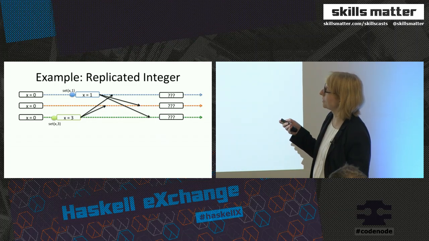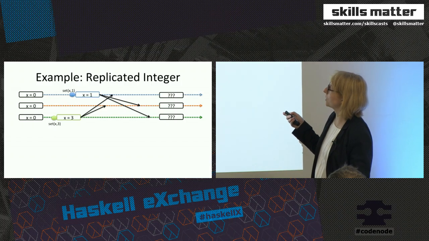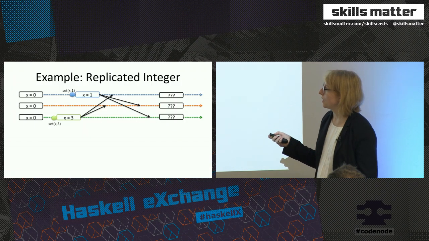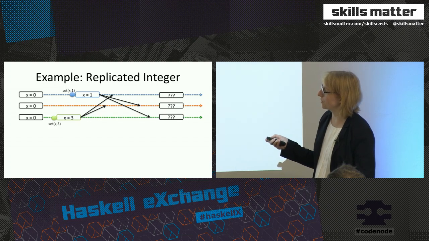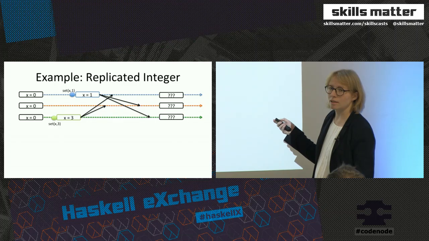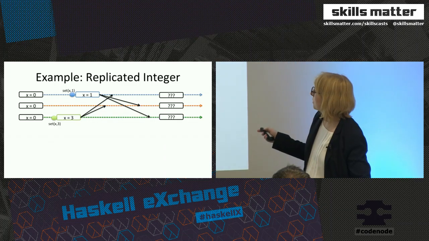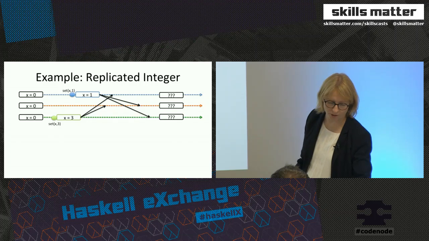Then this update setting x to 3 is done here second. So if I really apply the updates in this order, the value here should probably be 3 for that first replica. Now in the replica down here, I first set x to 3. Later, the update of setting x to 1 is transmitted to the third replica. So this would have value 1.